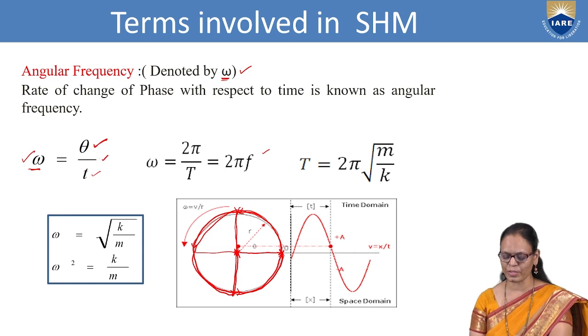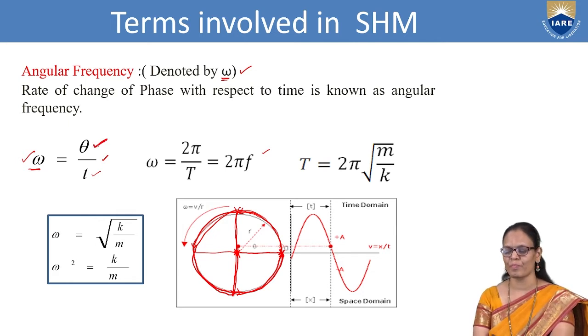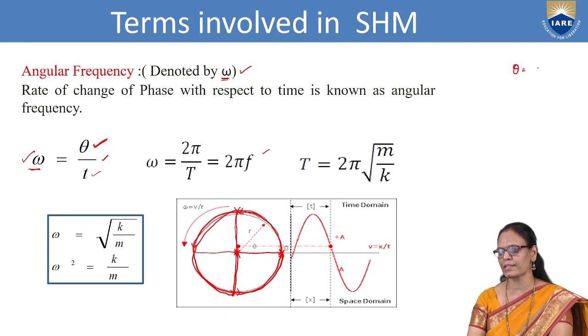When the object moves from here and makes one complete rotation, what is the angle through which it is moving? Theta will be equal to 360 degrees. So, in one complete rotation, it moves through an angle of 360, that is nothing but 2 pi.